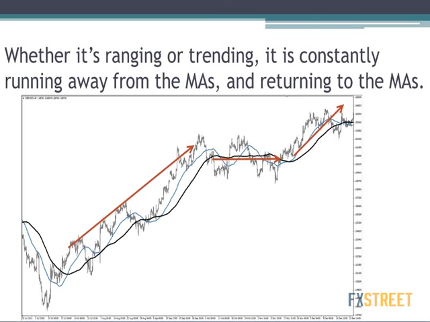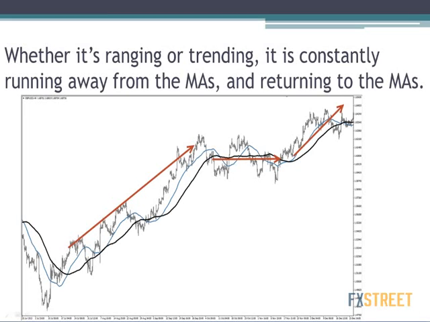And I know that some of the people that are here that have worked with me in the past know what I'm about to say: price races away from those moving averages, and then price turns around and comes back to those moving averages. No matter what the time frame, no matter what the instrument, if you put a pair of moving averages on your chart, you're going to see the price races away and it returns.